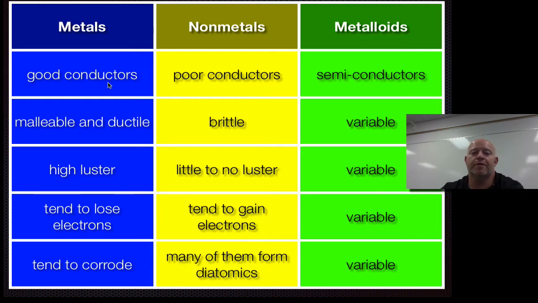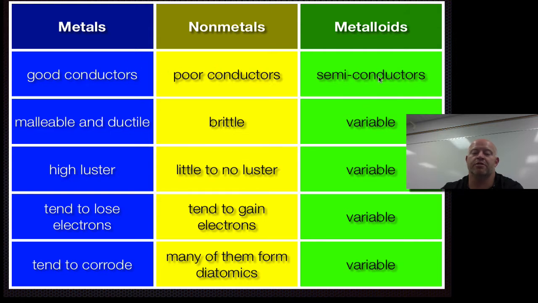So if you are a metal, you are good at conducting electricity and you're good at conducting heat energy. Nonmetals tend to be very poor conductors of electricity or heat. To give you a comparison, the worst metal is still over 100 times better than the best nonmetal at conduction. So there's a huge gap between metals and nonmetals in terms of how well they conduct electricity.